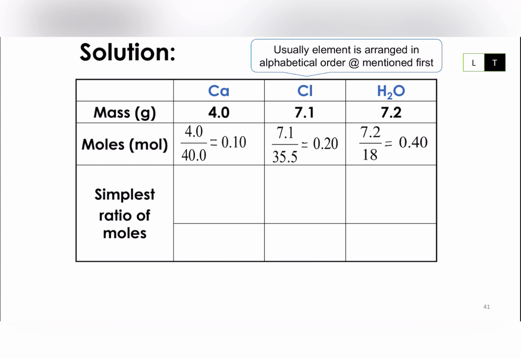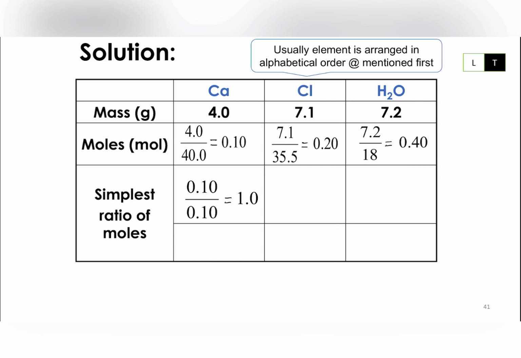The next one, I'm going to determine the simplest ratio of moles, but you need to choose the lowest value of mole. Based on these 3, you can see that the number of moles for calcium is the smallest. So I'm going to put this as the denominator. So I will have my simplest ratio for calcium first, which will be 1.0.